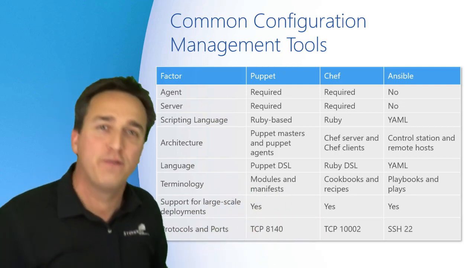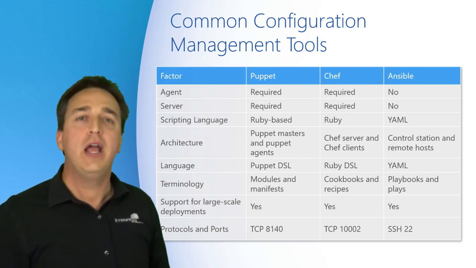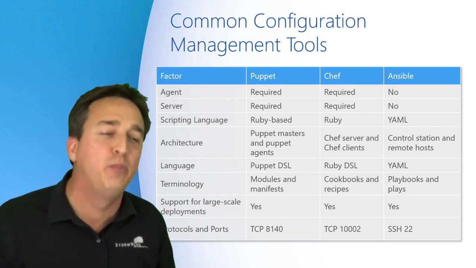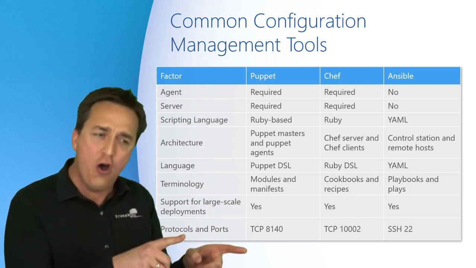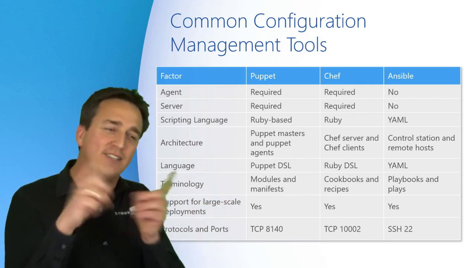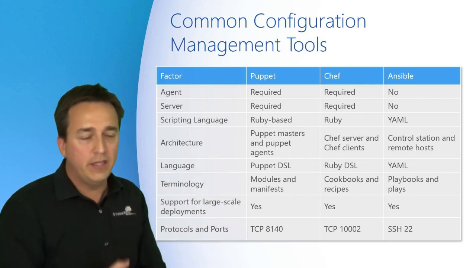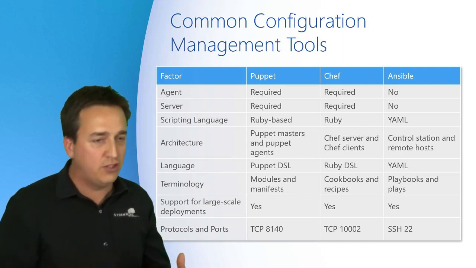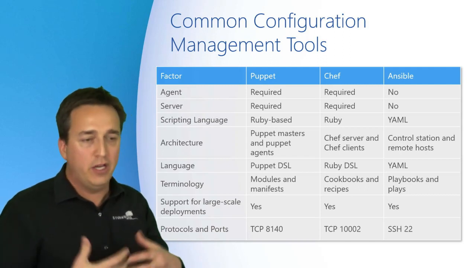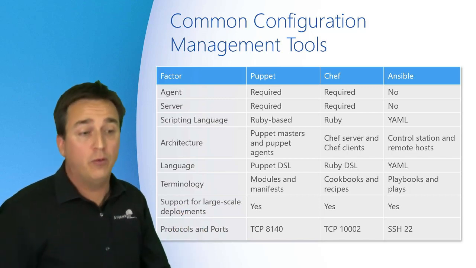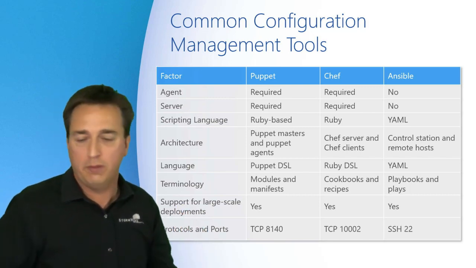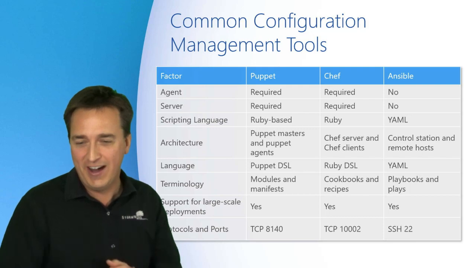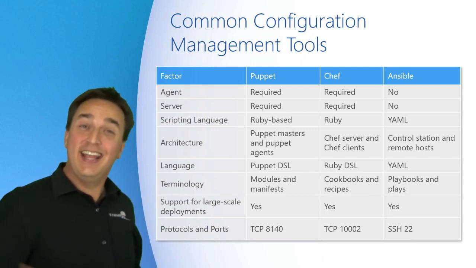So I made this chart for Encore, not knowing that it would be so valuable for CCNA as well, even though this is not what the exam objective states. So this chart here will help you identify whether it's agent-based or agentless, what scripting language is used, and then the actual language is used, the terminology that goes along with it, ports and protocols, and so on and so forth. So yeah, take a screen cap, folks.